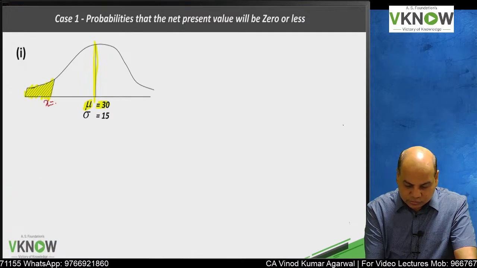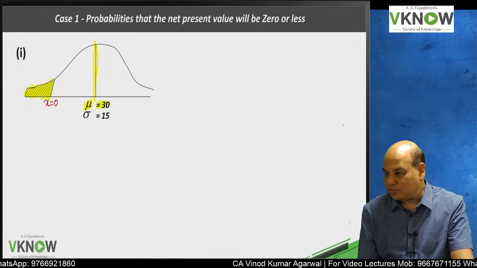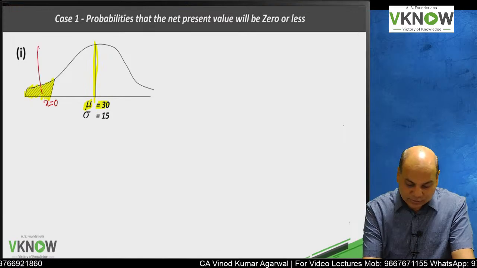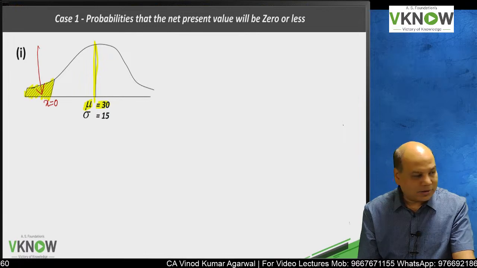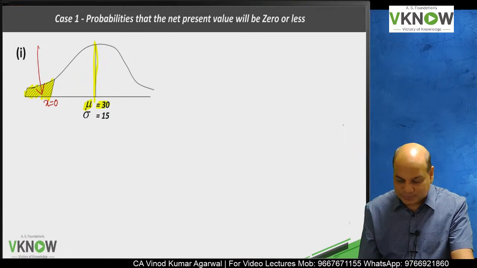Write there x equal to 0. We want the probability of this area, the probability of 0 or less.